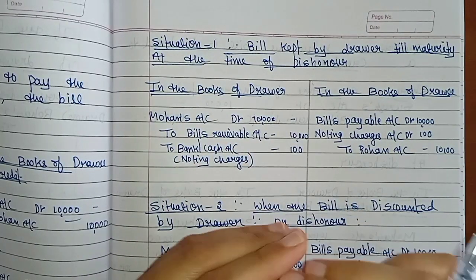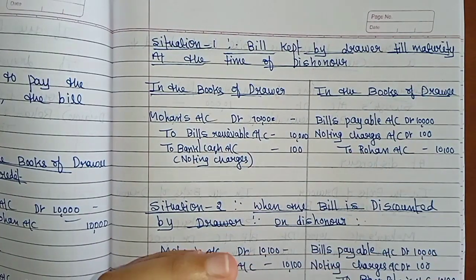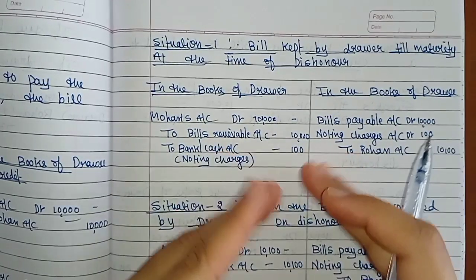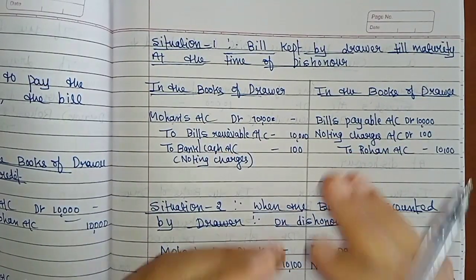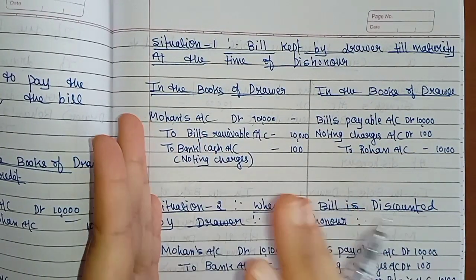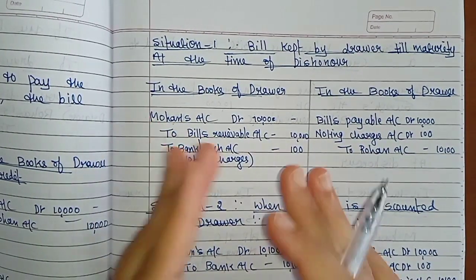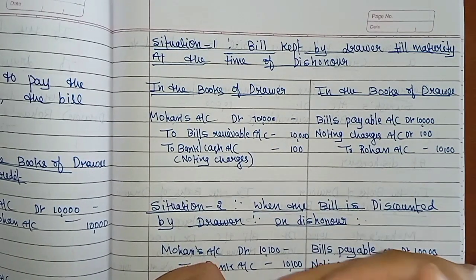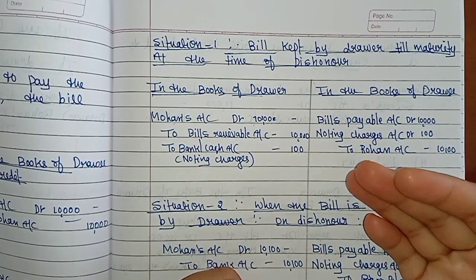Because he has not paid the bill amount, so he is responsible for paying the noting charges. But sometimes the drawer pays the noting charges first. So the drawer paid the fees on behalf of the drawee because the bill is dishonored. Later the drawer will recover that amount from the drawee.